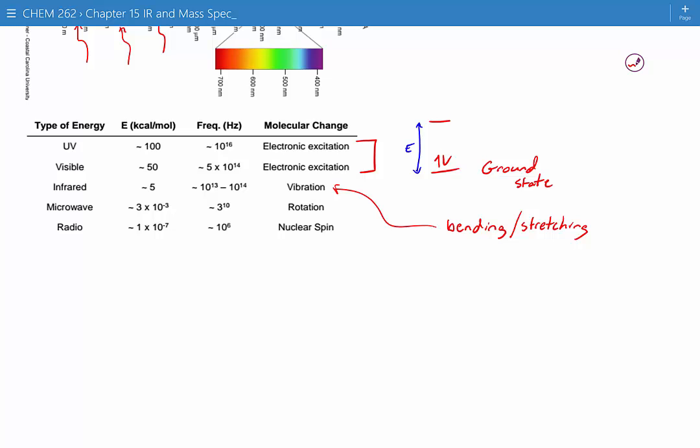We're not going to get into microwave spectroscopy, but you can use microwaves to actually study how molecules rotate. And later on in the term, we're going to use radio waves to actually study nuclear spins. And so this is where the concept of NMR, or nuclear magnetic resonance spectroscopy comes in.